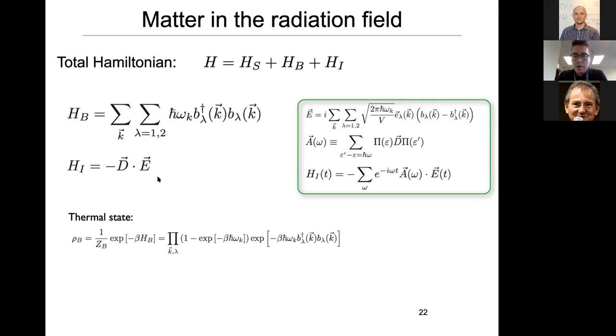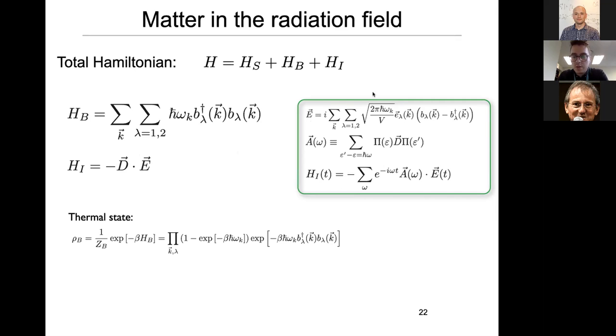So the Hamiltonian describing the interaction between our open system and our environment, our radiation field B, can, under the dipole approximation, be written in the following form, where this D operator is a dipole operator of our open system, and this E is the electric field vector of the radiation field.